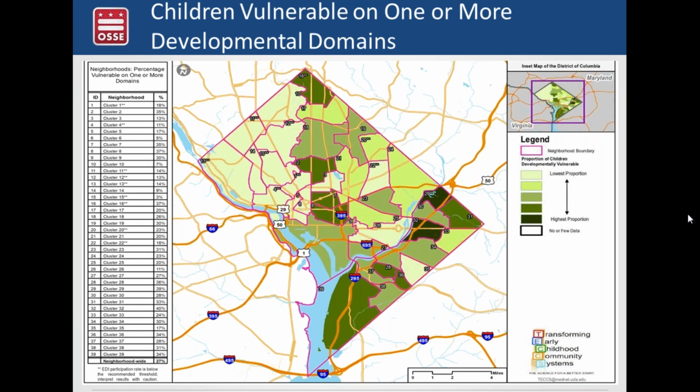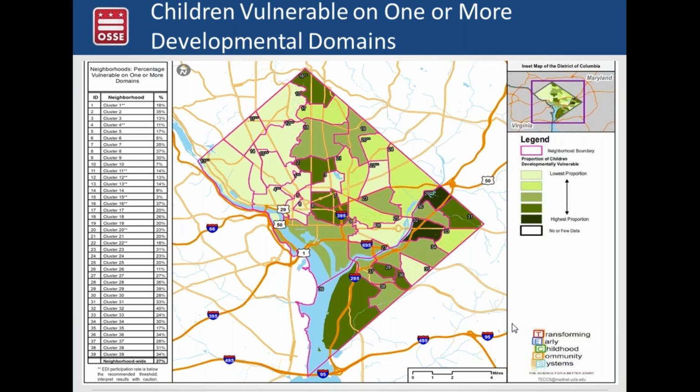One thing to know is that the shading on all of our maps uses a protocol whereby the mid-range color of green represents the national average for all neighborhoods nationally. If a color is lighter, that means there's a smaller percent of children vulnerable than the national average, which is a good thing.